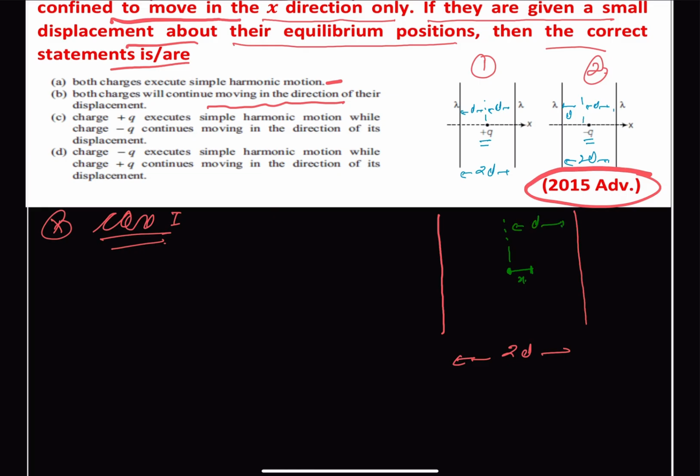This was also our d, and this is lambda and this is also lambda. So in the new position, this distance will be d plus x, and from the other side the distance will be d minus x.